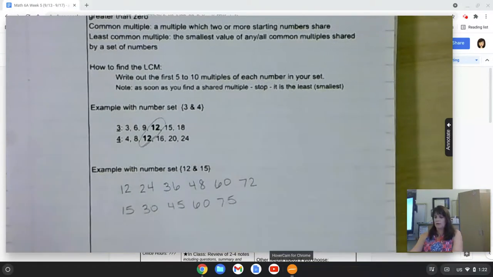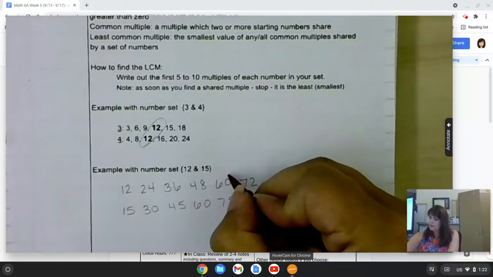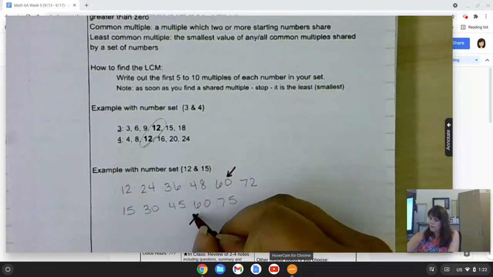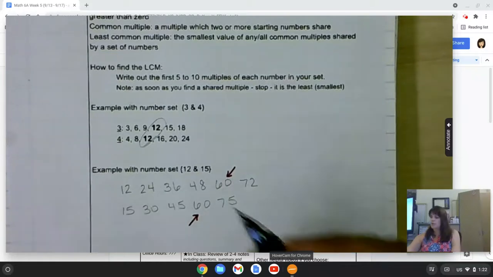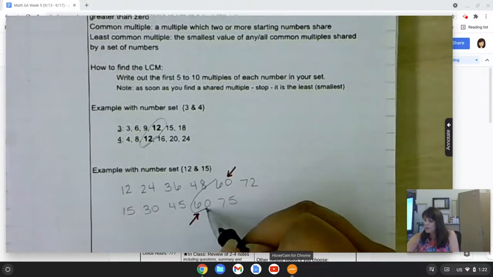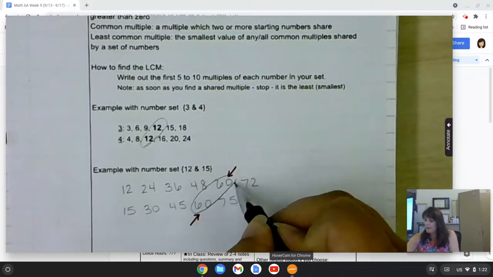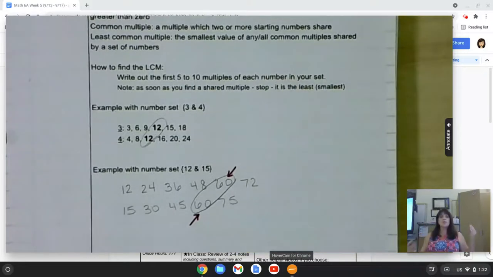Oh, wait. The minute you get to a matching multiple, you're done. You found a common one. So the least common multiple between 12 and 15 would be 60.